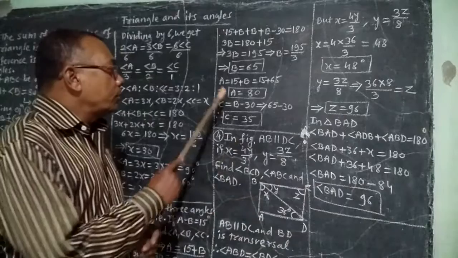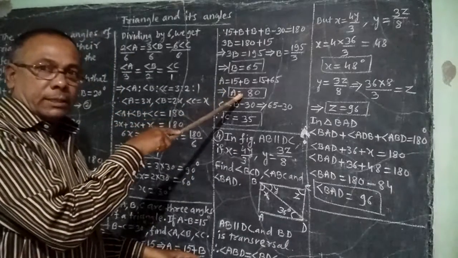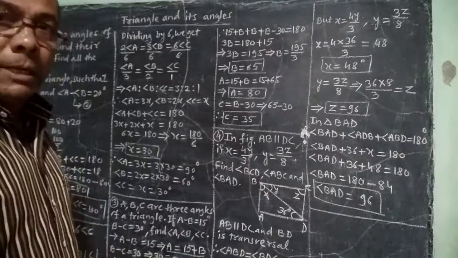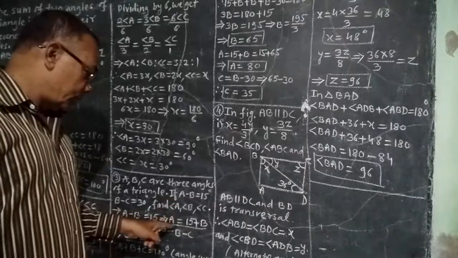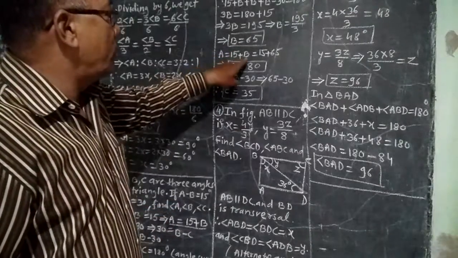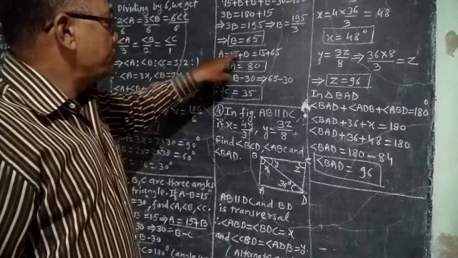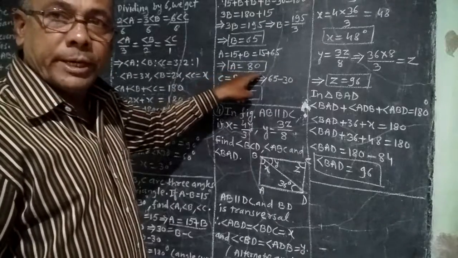And now we know that A is equal to 15 plus B. Here it is given A is equal to 15 plus B. Then we substitute the value of B, that is A is equal to 15 plus 65, and therefore A is equal to 80 degrees.